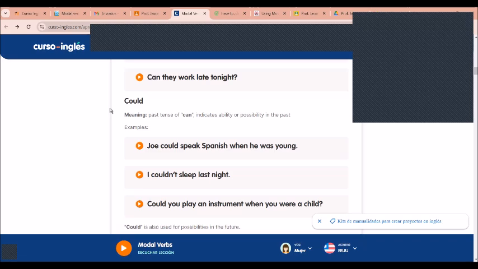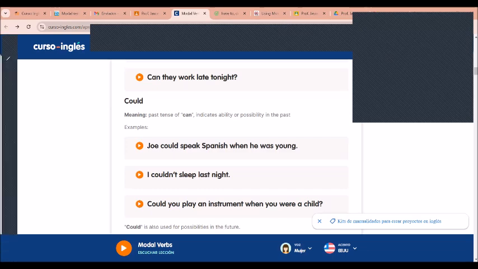No lo entendí, teacher. All right, let me write the question on the screen and see if we can just create the same idea in either affirmative or negative. Could you do algebra in primary school?